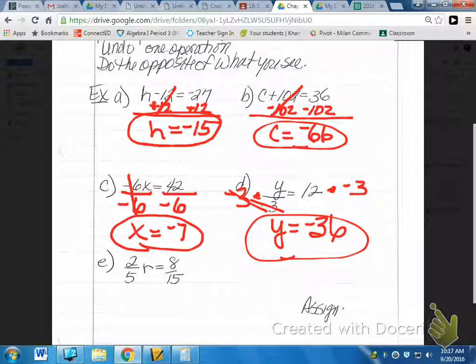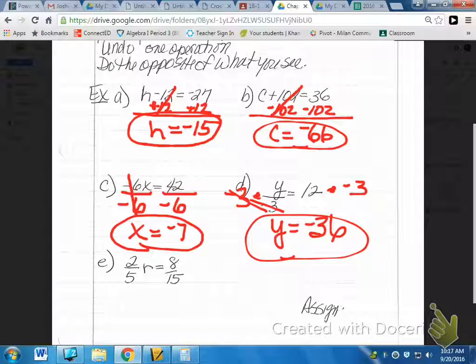Okay, the last problem there, 2/5 R equals 8/15. We need to talk about this one a little bit. It is a fraction times R. How do you undo times? You multiply by the reciprocal.